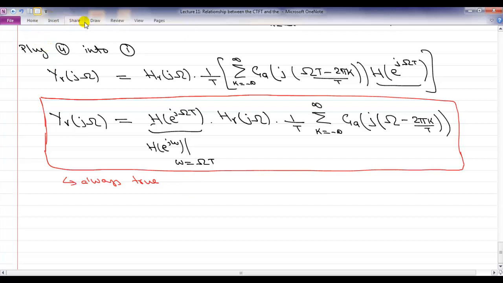But in an ideal setting, what do we assume? In an ideal setting, the first thing we assume is you're sampling at a high enough rate that you satisfy the Nyquist criterion. So ideally, T in the continuous to discrete converter is such that the Nyquist criterion is satisfied.